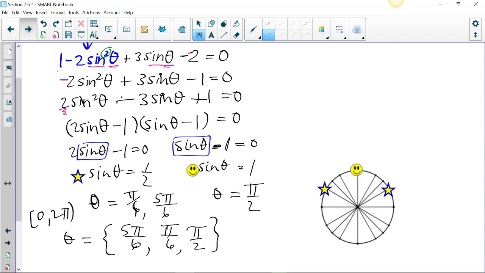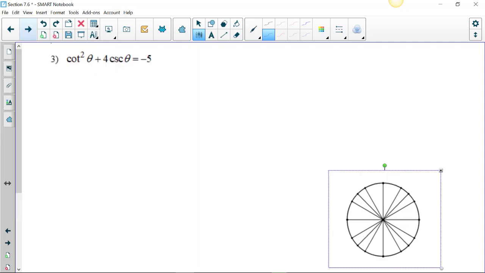Okay, one more. Once again, 2 different trig functions, cotangent, cosecant. All right, so I need to get them to be the same. I can do that first, or I can make that equation equal to 0 first.